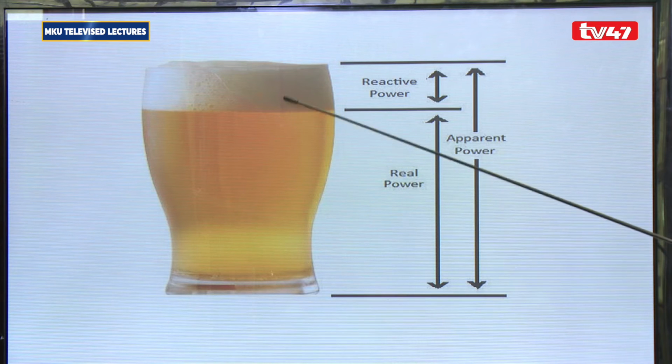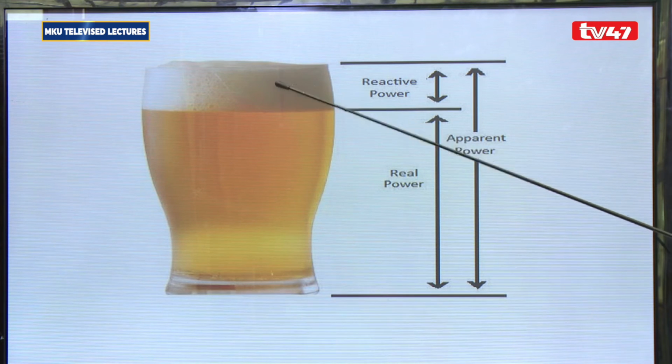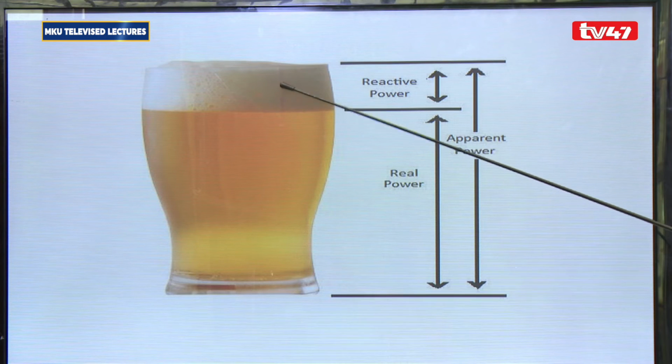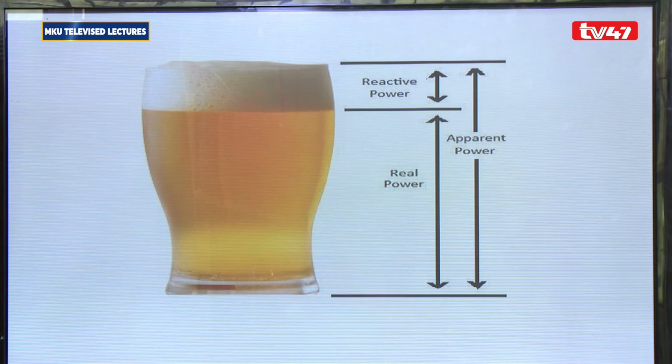But again, there is something that forms when you pour this content here, which you call froth or foam. It comes along when this is being poured. Therefore, in terms of our powers, this real power is what is actually helpful. But this one comes about as a result of having this one. It's wasteful. Okay, it's reactive power.